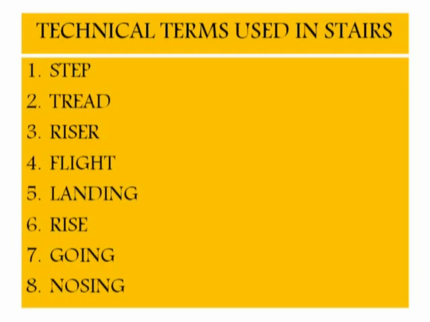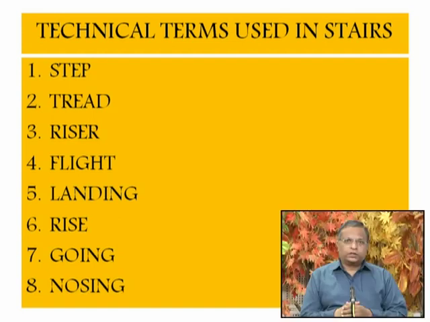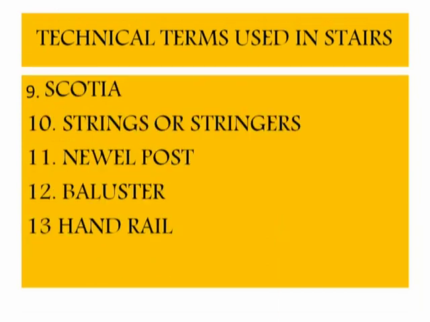Let us see these different terms which are used in stairs. They are step, tread, riser, flight, landing, rise, going, nosing, scotia, strings or stringers, newel post, baluster, and the handrail.